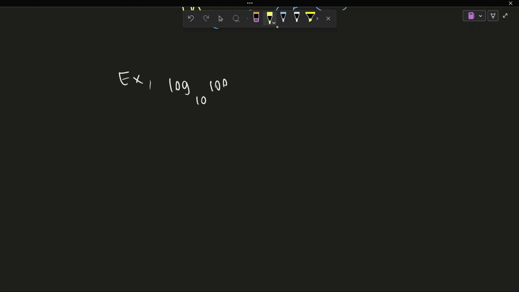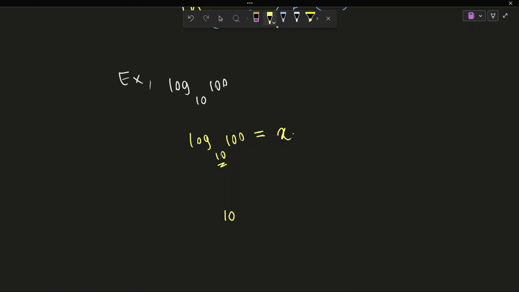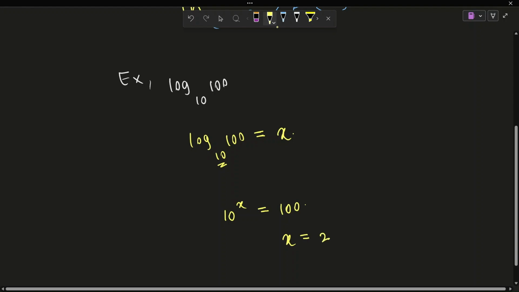So I'm going to say log 100 to the base 10 equals x. Secondly, the base in our logarithm remains the base in our exponent. Then the variable that we equated it to turns into our power. And lastly, the number that we used in the log gets equated to. So since we do AA math, we know that 10 to the power 2 equals 100, therefore x equals 2.